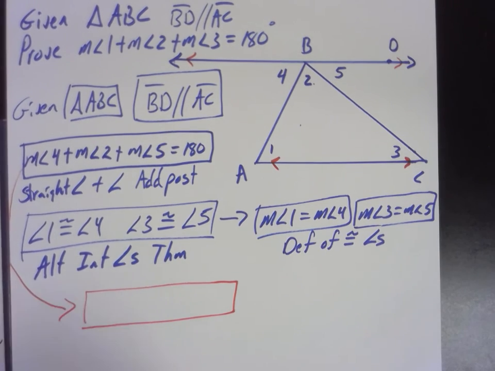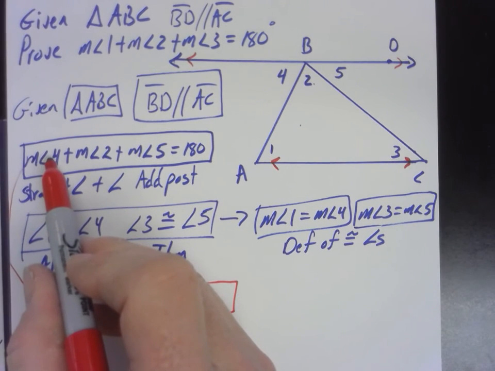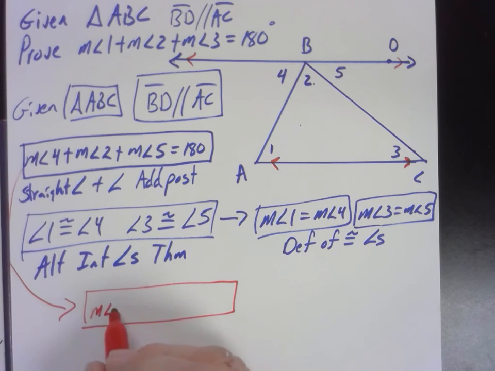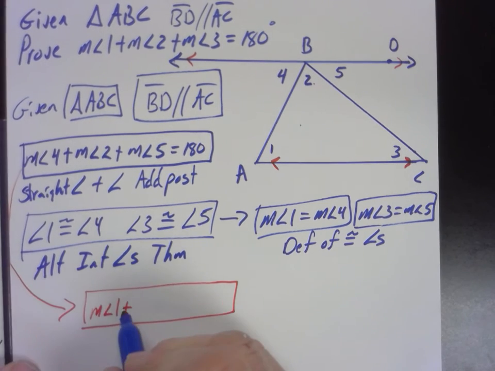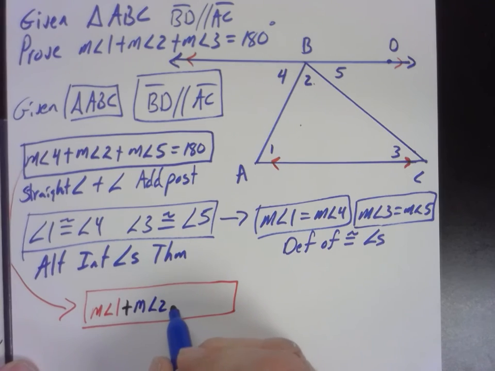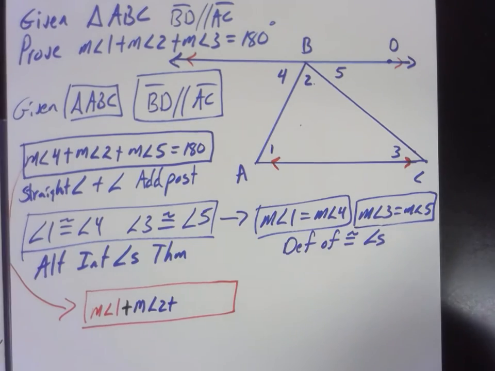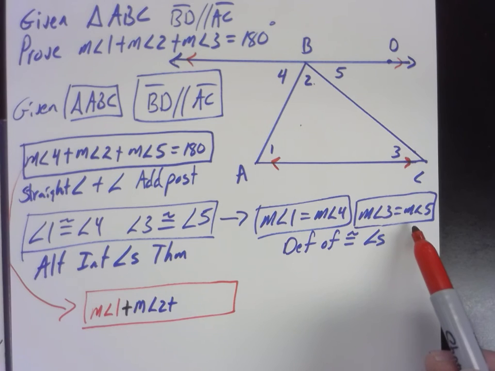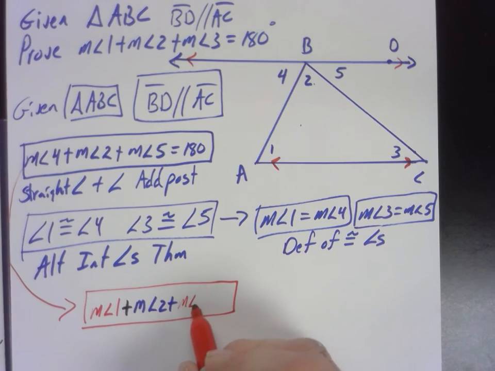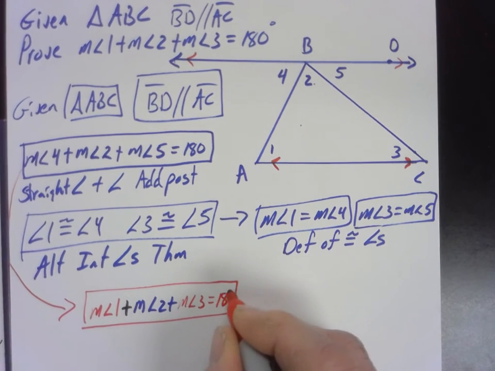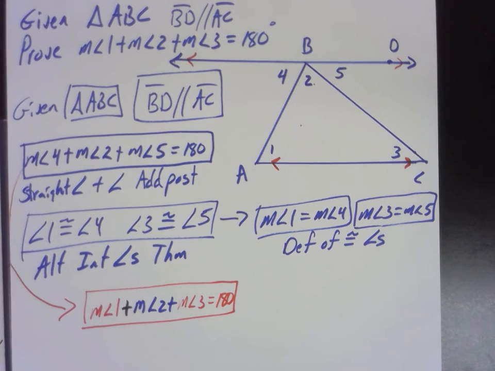See right there where we have the measure of angle 4? What could we put there instead? The measure of angle 1, plus the measure of angle 2 plus, right here where it says angle 5, what can we put there instead? The measure of angle 3. What did we use to do that? What's our reasoning? Substitution property of equality.